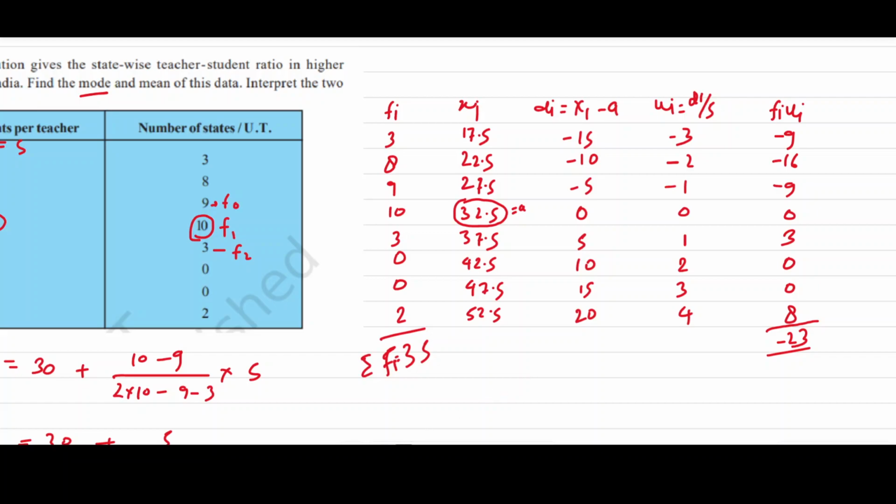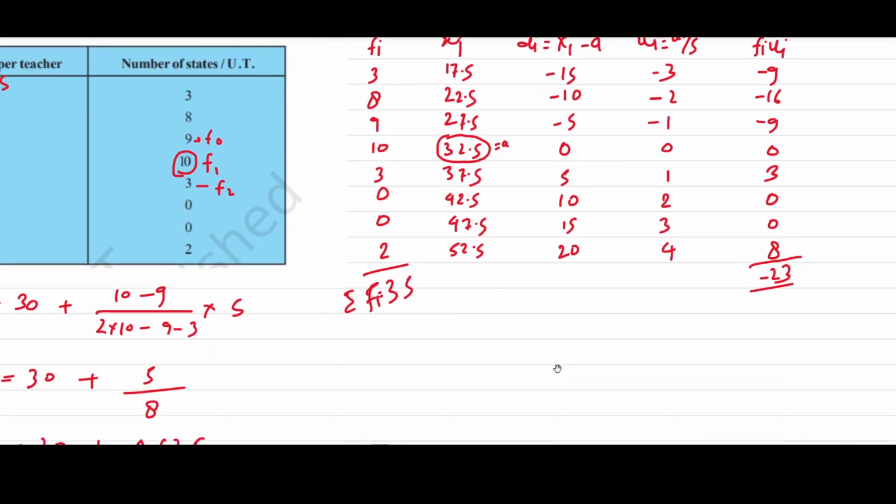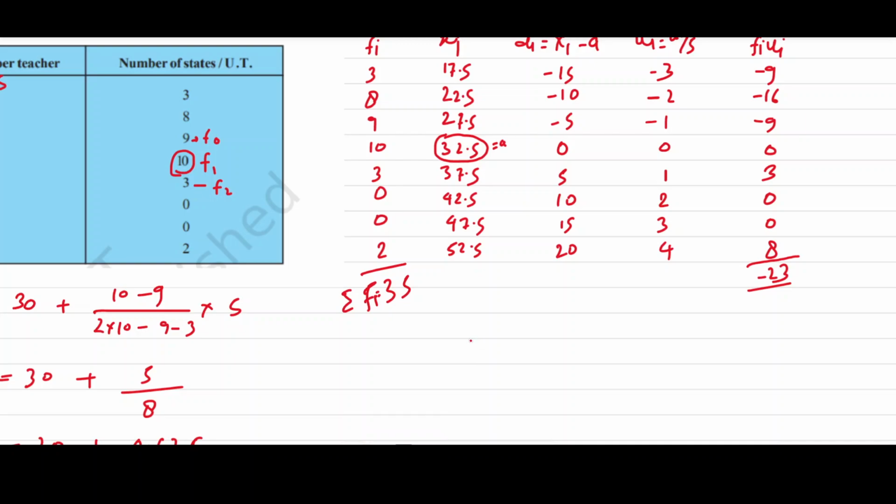Now, what will be the value of mean? First, that is very simple. Mean will be, that means x bar. Here x bar will be first a is 32.5, so first 32.5 plus, here minus 23 is given, and here this is 35, and h is given that is 5.